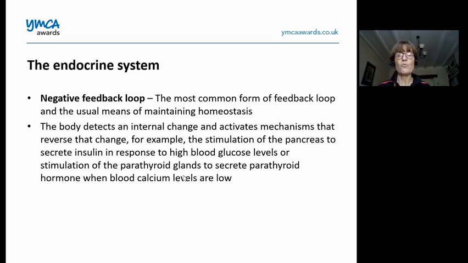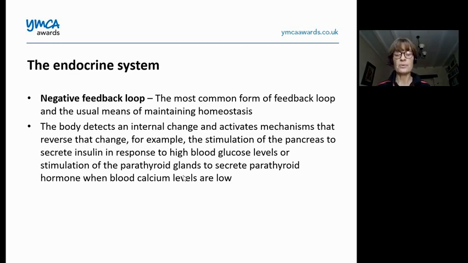One example is blood sugar levels. When the body detects a change in our blood sugar levels, the pancreas is stimulated to secrete either insulin if the blood sugar levels are too high, or glucagon if they are too low. So it brings it back to a normal state.